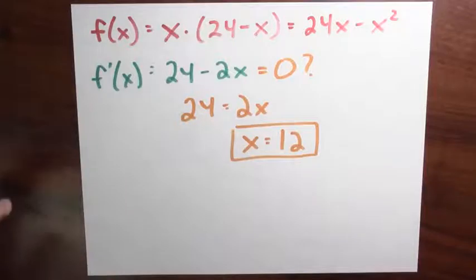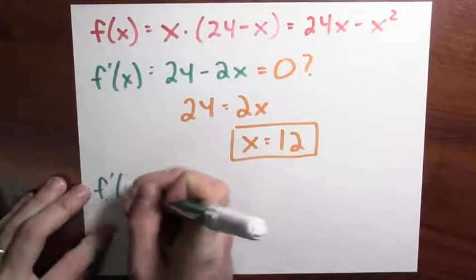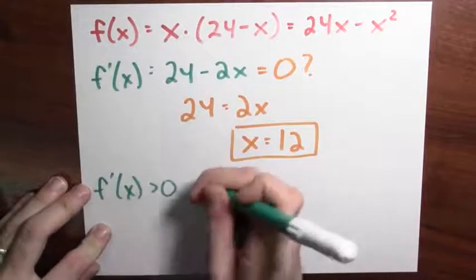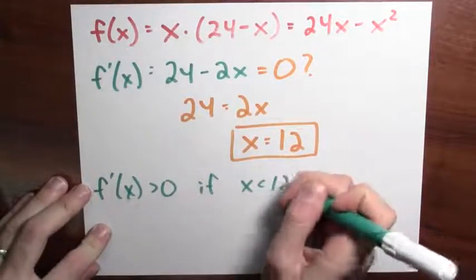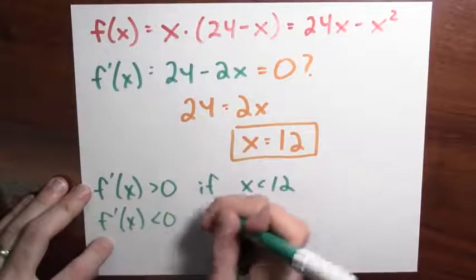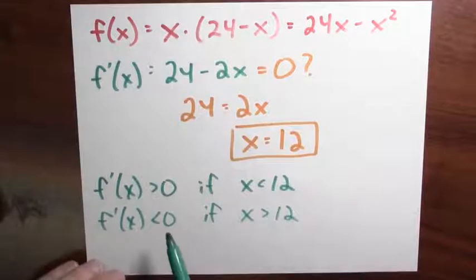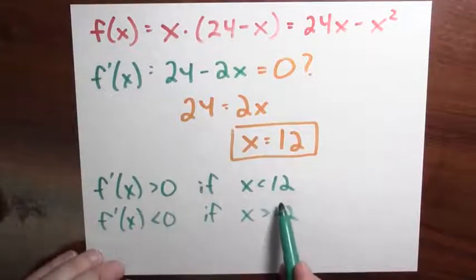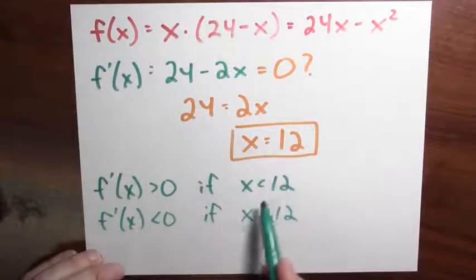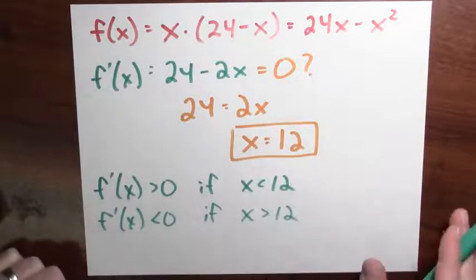What sort of point is that? Well, let's think about the sign of the first derivative. The derivative is positive if x is less than 12, and the derivative is negative if x is bigger than 12. What does that mean? Well, that means the function's increasing for x values less than 12, and the function's decreasing for x values bigger than 12.